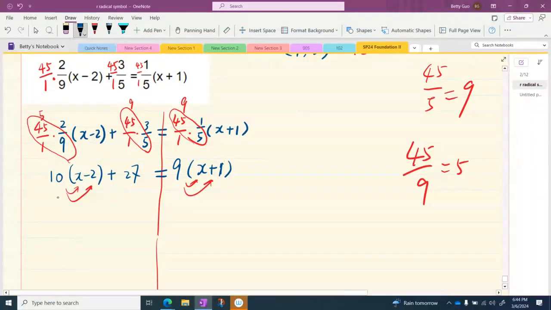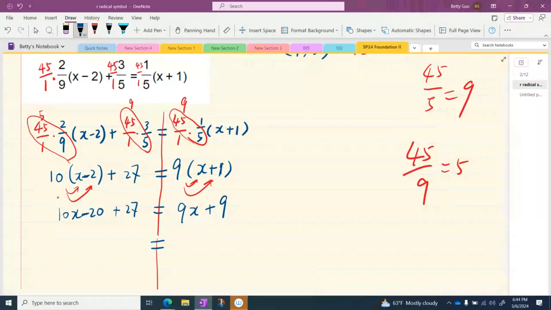Distribute the 10. 10 times x, 10x. 10 times negative 2, negative 20. Make sure you have this negative sign. Sign error is a very common mistake in algebra. And bring down 27 on the right side. 9 times x, 9x. 9 times 1 is 9.